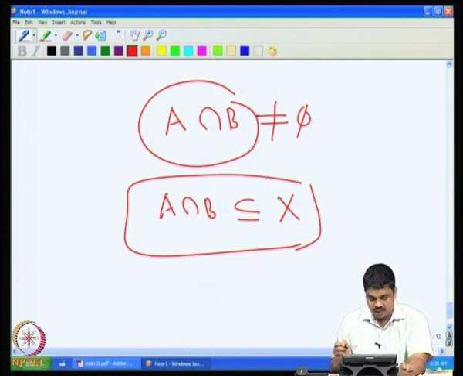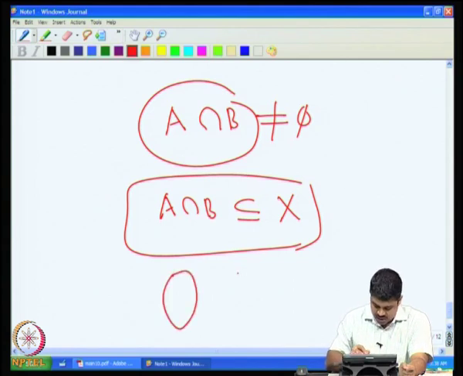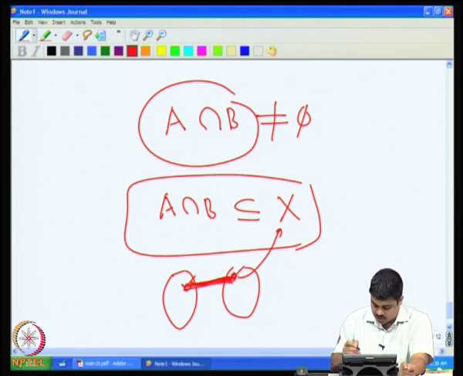Similarly, if there is an edge between a vertex in A and a vertex in B, at least one of these vertices should belong to X, otherwise this one edge path will remain, right?